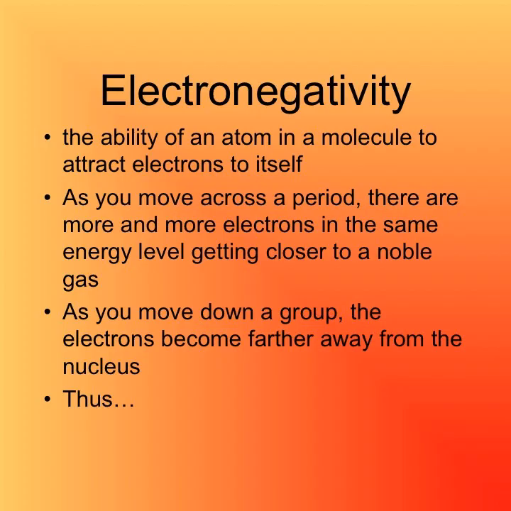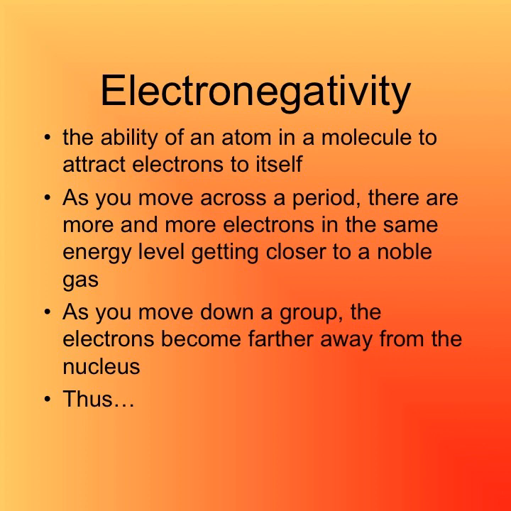The next trend is electronegativity. Electronegativity is a term applied by Linus Pauling to express the ability of an atom within a molecule to kind of suck electrons in, to bring electrons closer to it. So what you need to ask yourself is, who wants to get more electrons?